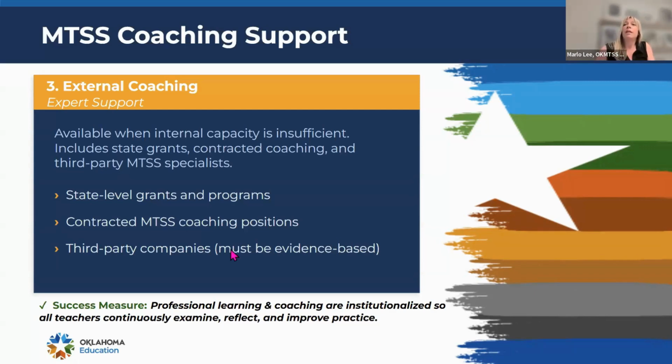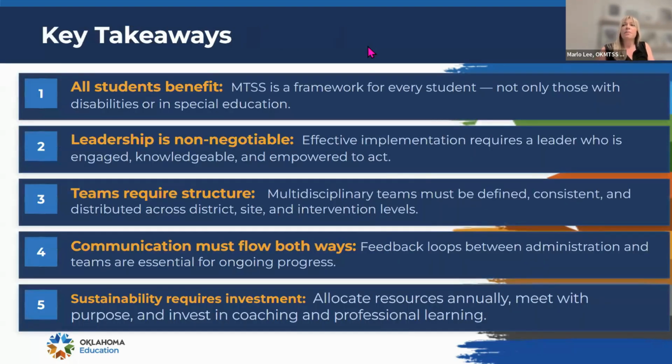So just finding ways to support your team, whether it's internal or external, and then making sure that professional learning is based on data collected from your leaders. So that's a lot about sustainable teaming. This is a broad overview. Literally every section of that can turn into a professional development on its own. But I wanted to give you an overview of that whole pillar and break down what it means.